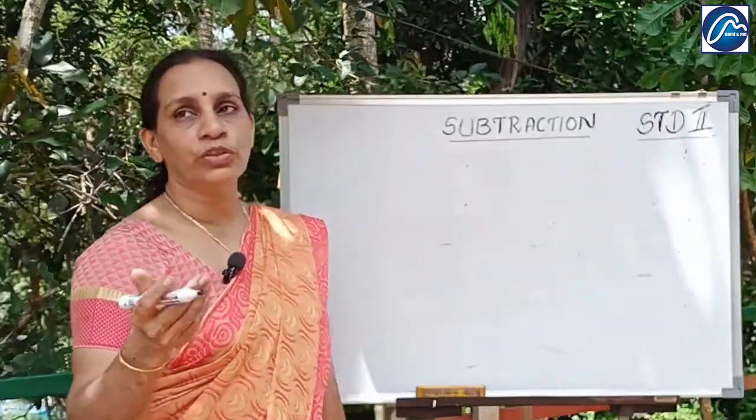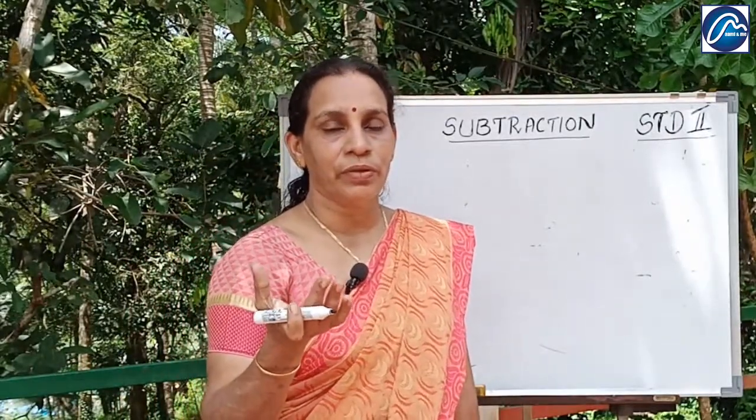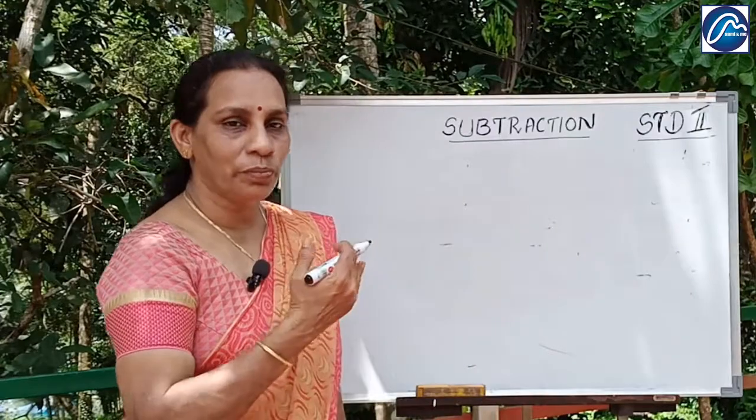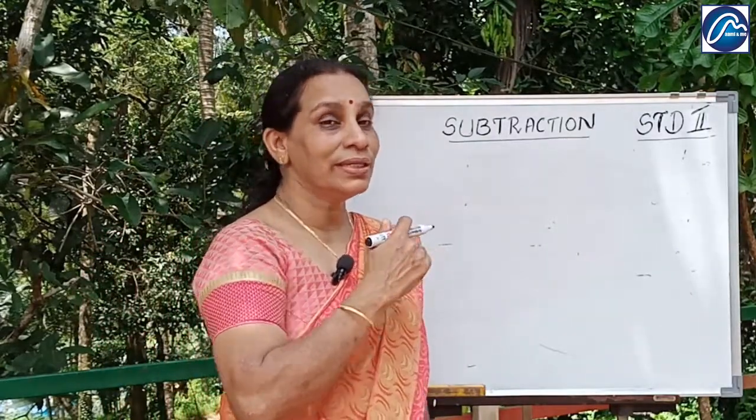If you want to subtract one number from 35, you just move back one number from 35. It is 34.